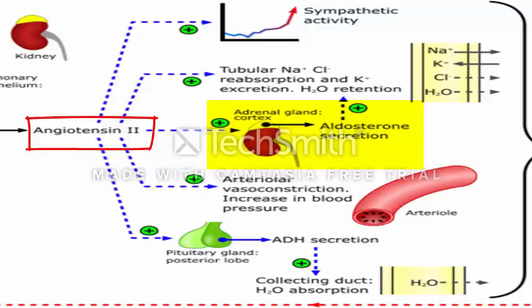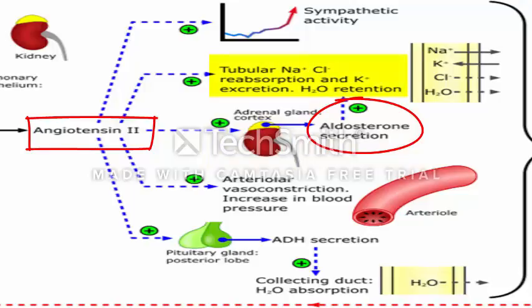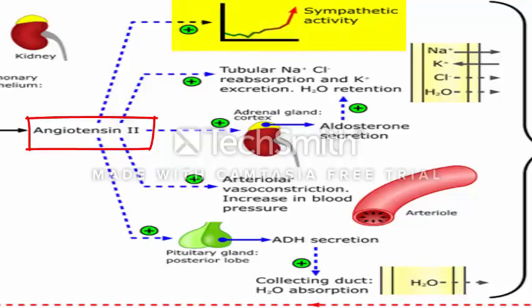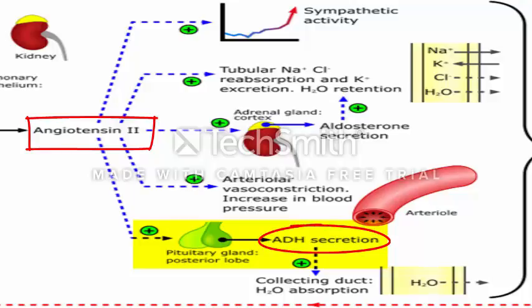Angiotensin II stimulates the adrenal cortex to release aldosterone, which increases the reabsorption of sodium, chloride, and water by the kidney, thus increasing blood volume and blood pressure. Angiotensin II also stimulates the thirst centres within the hypothalamus to increase water intake and restore blood volume. It also stimulates the secretion of antidiuretic hormone, ADH, from the posterior pituitary gland. ADH increases reabsorption of water by the kidney.